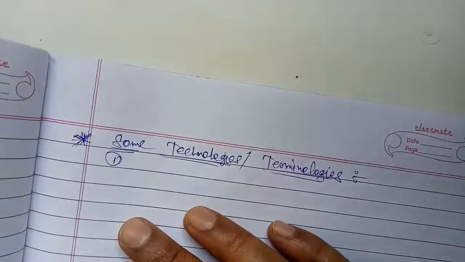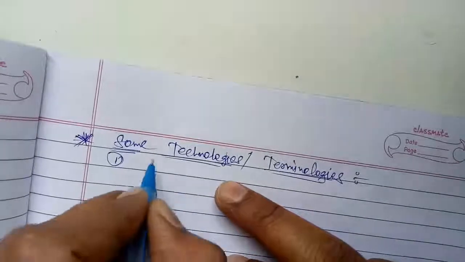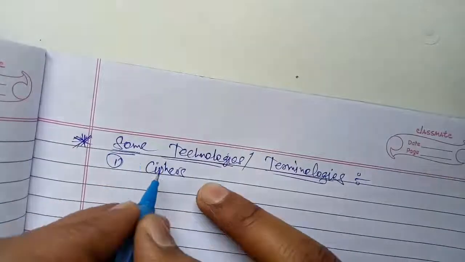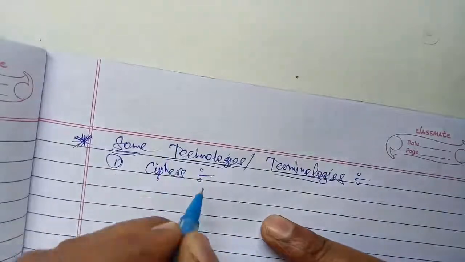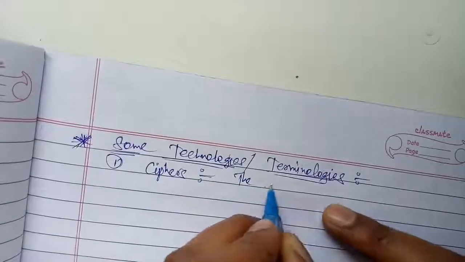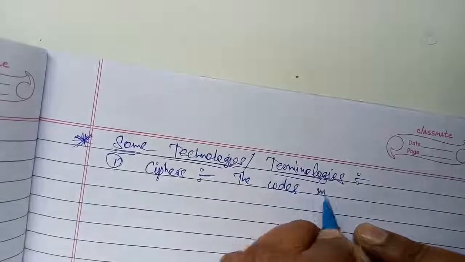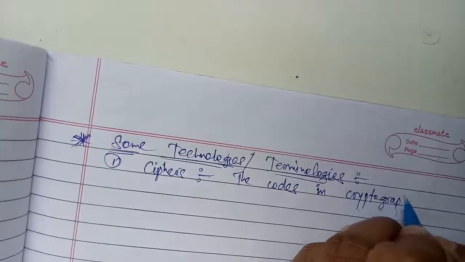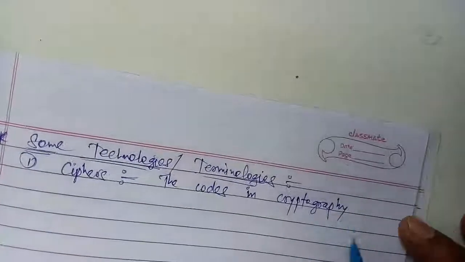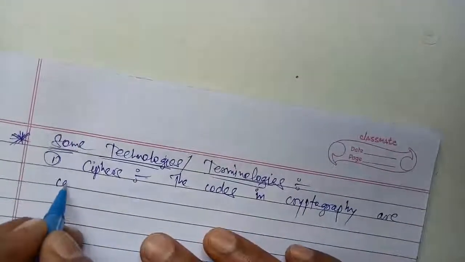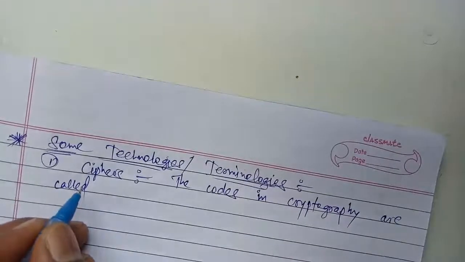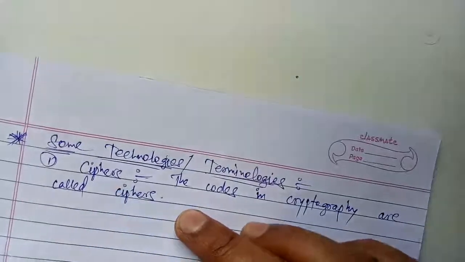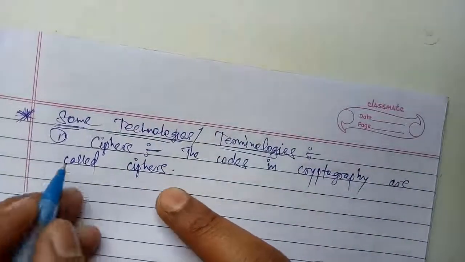First one is, what do you mean by ciphers? The codes in cryptography are called ciphers. Okay, the codes in cryptography are called ciphers.